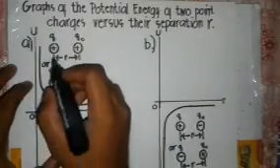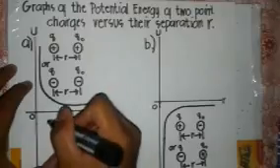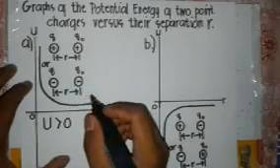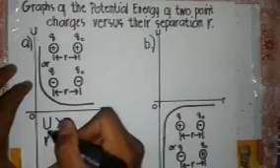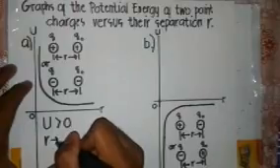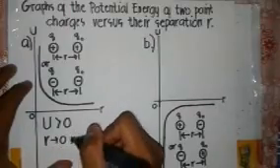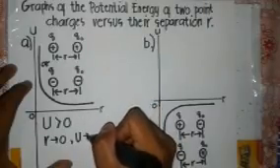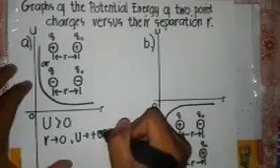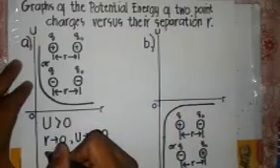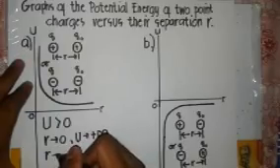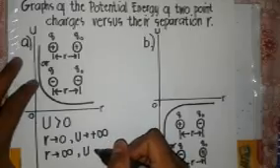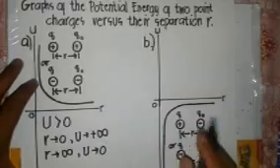So in this graph, our potential energy is greater than 0, and as r approaches 0, our potential energy approaches positive infinity, and when our r approaches infinity, our potential energy approaches 0.